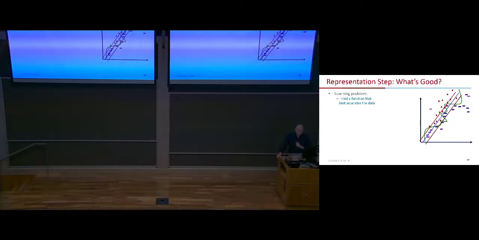Depends on how it's doing on your testing error. You want to train the model on one part, and maybe keep a small amount of it for preliminary testing. True. So basically what you're saying is, I don't care about how it's doing on the training. I care about how it's going to do eventually on the test.